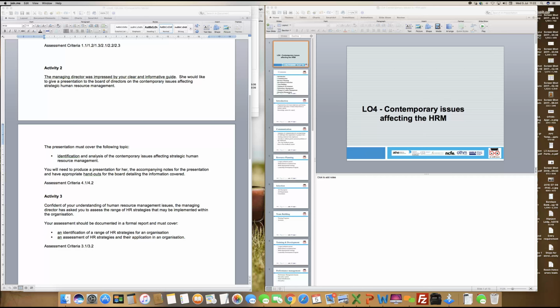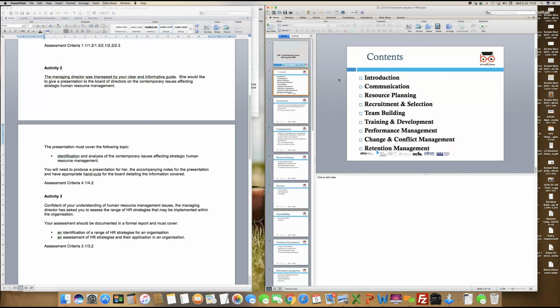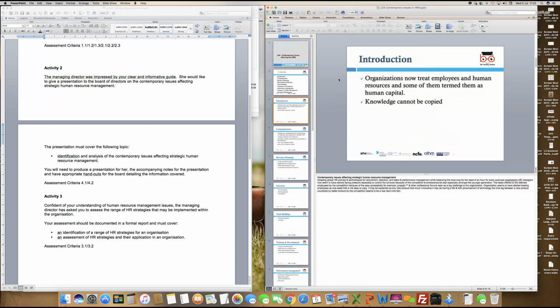So the key point here is that these are present time issues that we get to see. Okay? Yeah. Now, going further, what we want to do is identify some of these time and again occurring problems which HR has to deal with. So let's look at some of these things in a bit more detail.